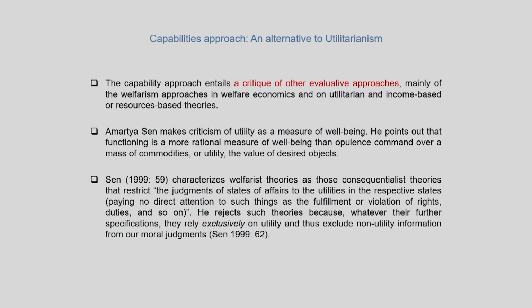All these three components define utilitarianism and show how it can stand against the capabilities approach. The capability approach entails a critique of other evaluative approaches, mainly the welfarism approaches in welfare economics and utilitarian and income-based or resource-based theories. Sen criticizes utility as a measure of well-being, and he points out that functioning is a more rational measure of well-being than opulence, or command over a mass of commodities, or utility, which is the value of desired objects.